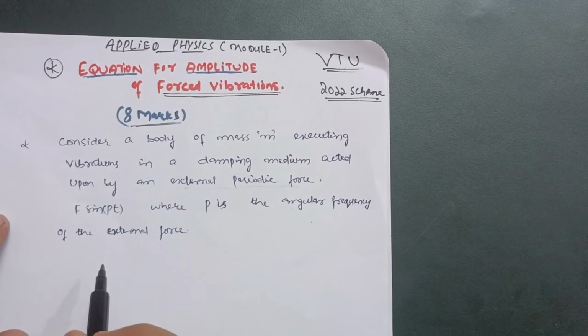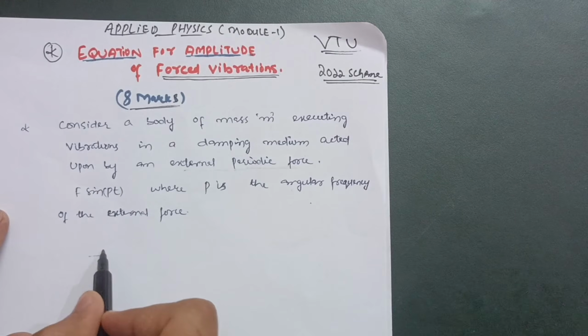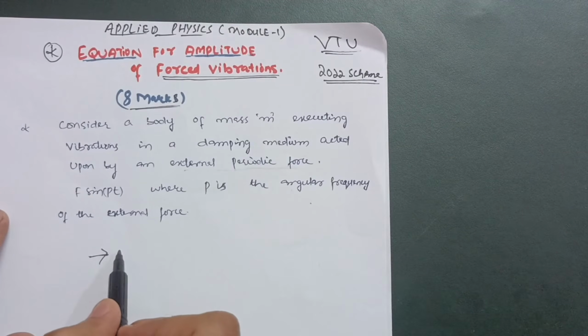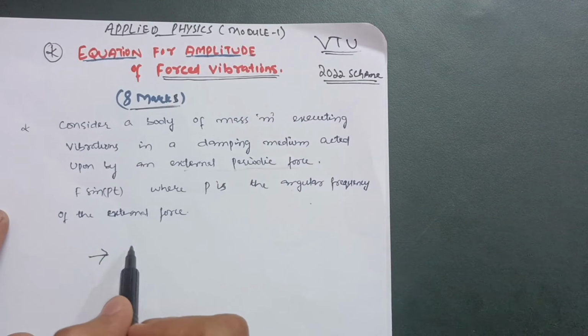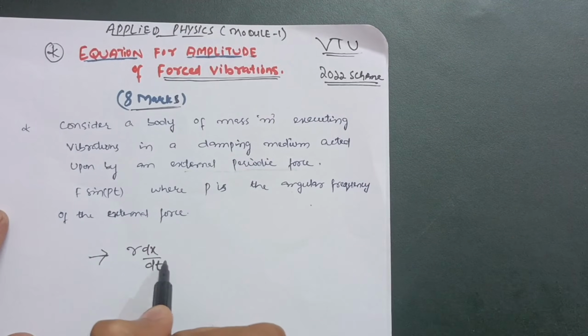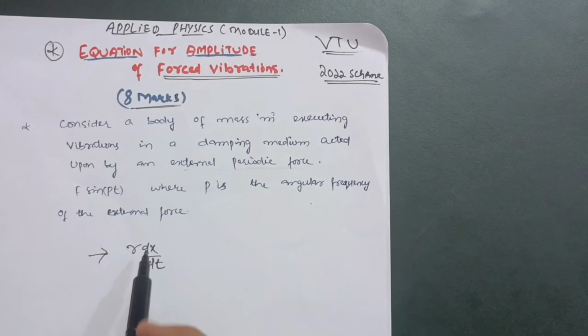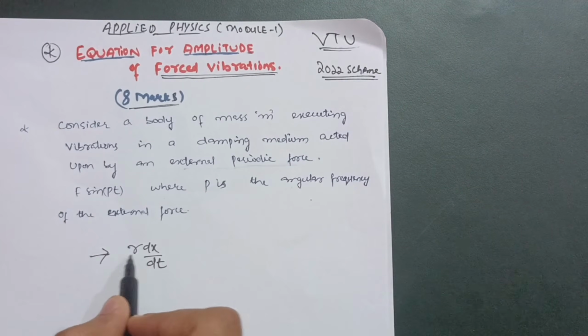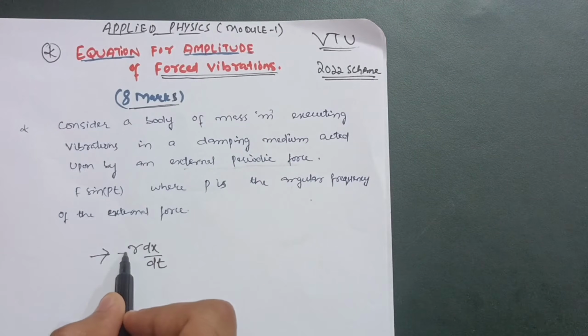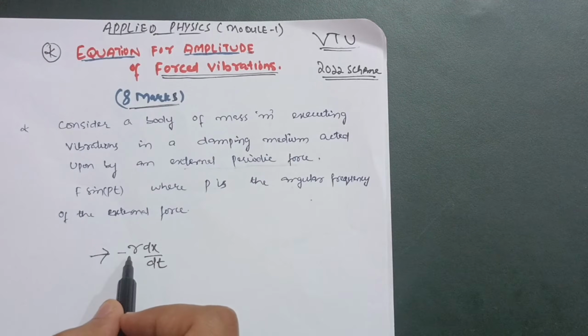So it was in the damped oscillations also. As you already know from that video, the resistive force in damped oscillations is minus r dx by dt, where r is the damping coefficient, and you have to take the negative direction as it acts opposite to the motion of the body.